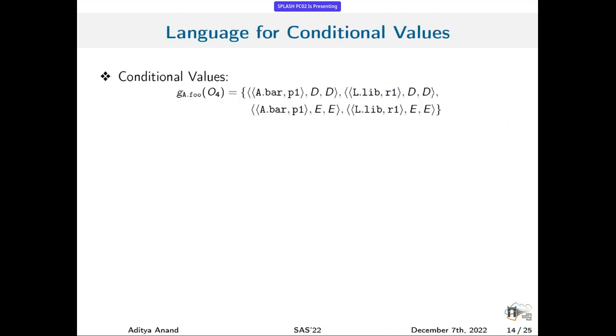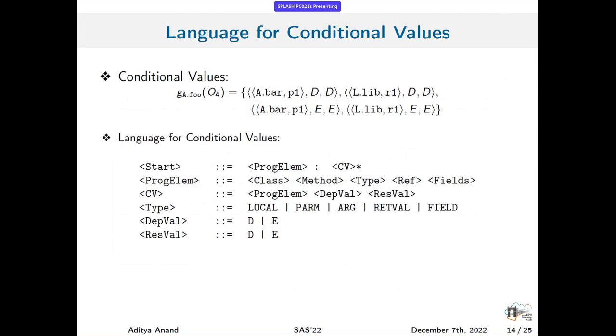So to model partial analysis in a staged way, we first designed a language for the given conditional values, where we have program elements and a set of conditional values.